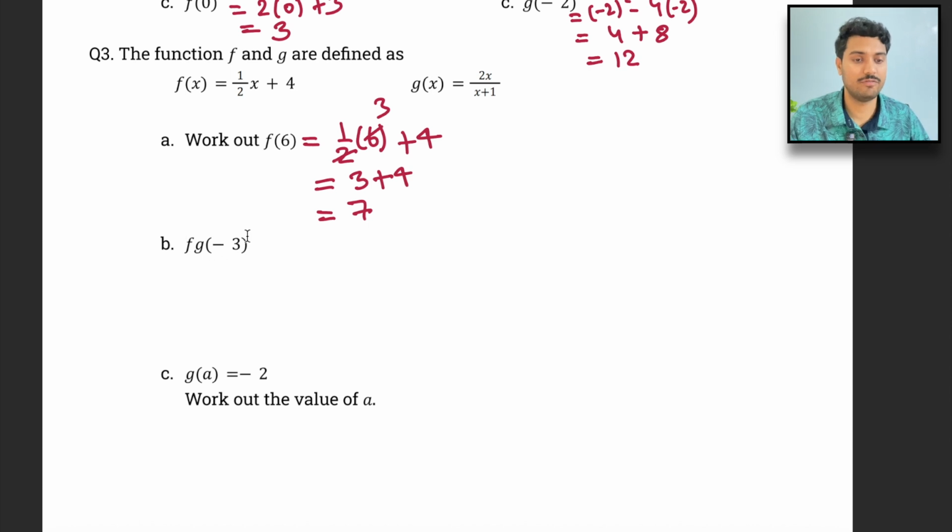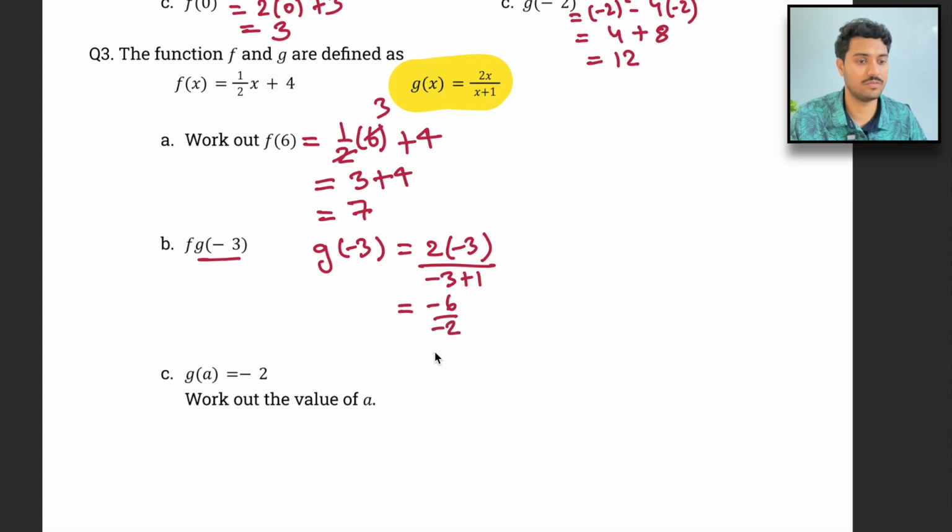Now we have to find f of g of negative 3. Part B. So this is a composite function or a compound function. In this case, we always start from right. So first we'll find g of negative 3. That's going to be 2 times negative 3. We have to place it in g of x function now. So 2 times negative 3 upon negative 3 plus 1. So this is going to be negative 6 upon negative 2.